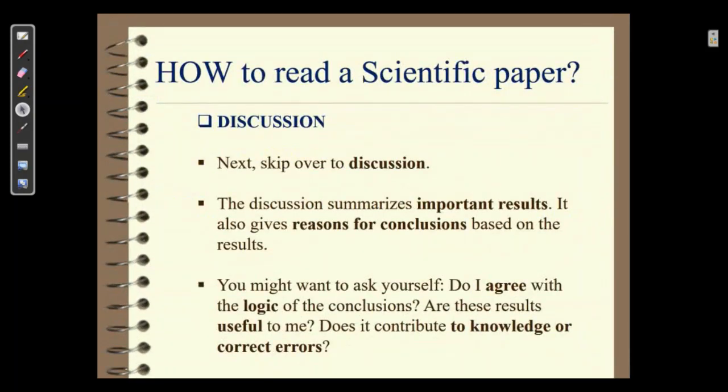Next, we have another part of the scientific paper, which is the discussion. So from the title and the abstract, we should go to the discussion, where we can see the important results and the reasons for conclusions. This discussion part is very important, so that we can know the important results, and how we can reason them with other existing experiments, or for example the laws or equations we have.